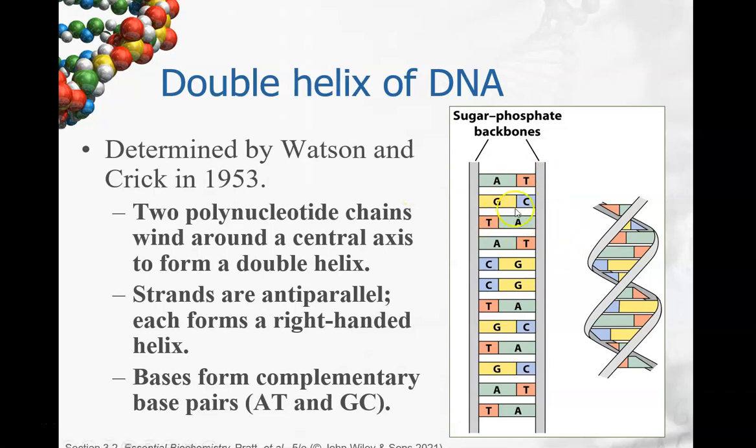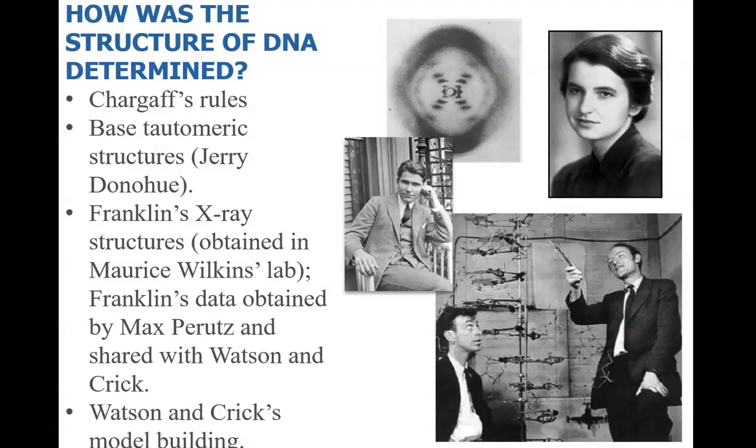So if we look at a very stylized view, we can see that A pairs with T and G pairs with C. And what we have is two polynucleotide chains that wind around a central axis to form a double helix. And the strands are anti-parallel. That means you'll go 5' to 3' in this direction and 5' to 3' in that direction. And we form our complementary base pairs where A pairs with T and G pairs with C.